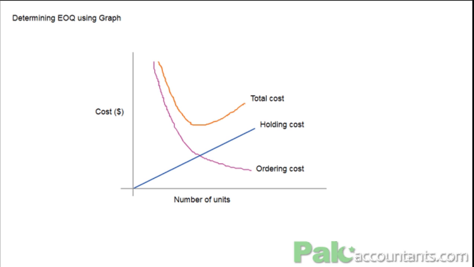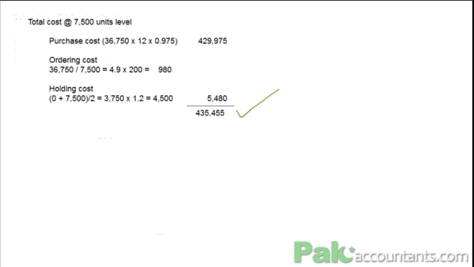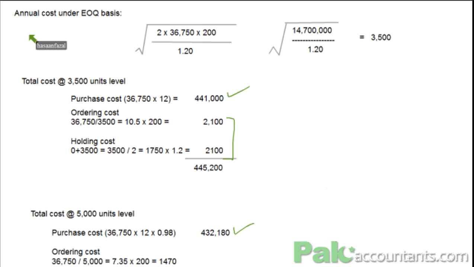When we calculate the economic order quantity under the mathematical method, you must have seen that your ordering cost and holding cost tend to be equal to each other, or even if they are not equal, they will be really close to each other.